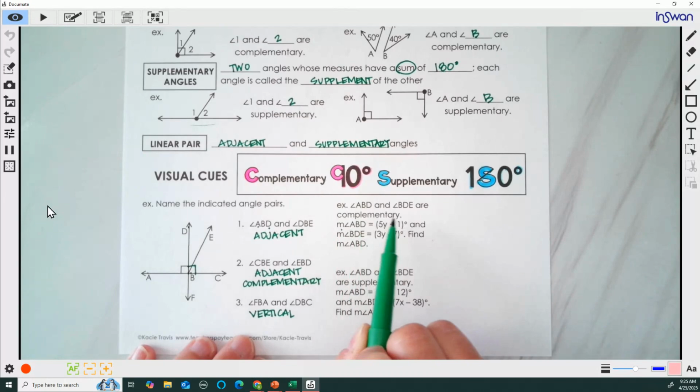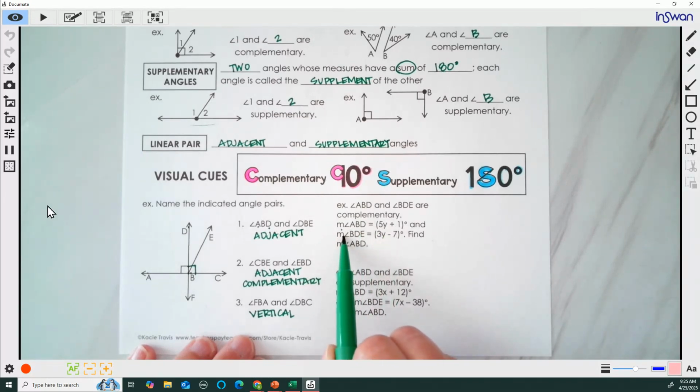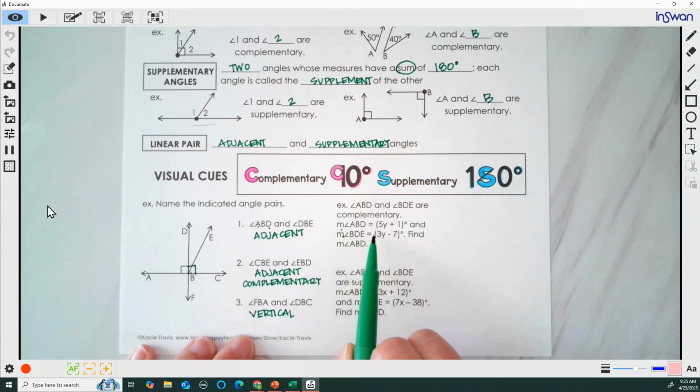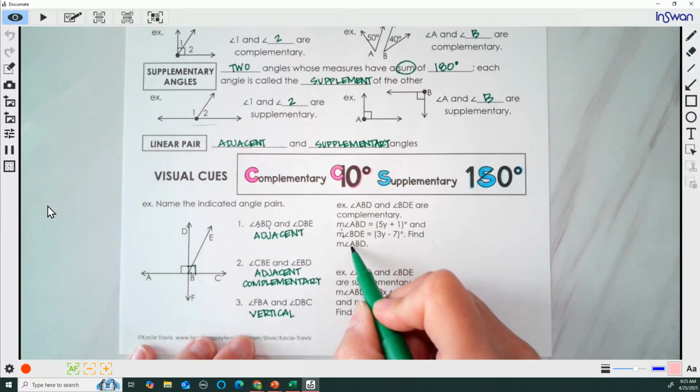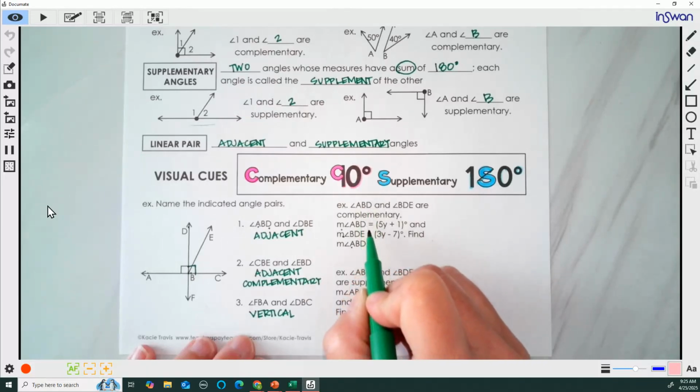It has a measure of 5y plus 1, and the measure of angle BDE is 3y minus 7 degrees. Find the measure of angle ABD. So that's the one here.